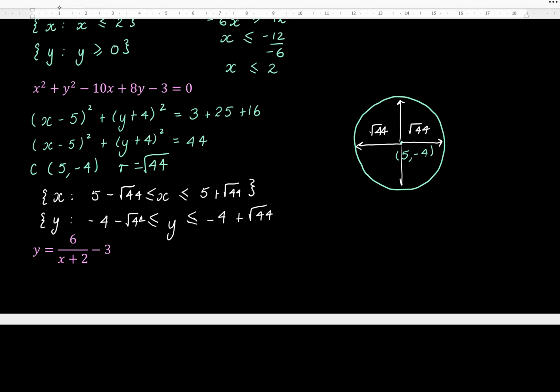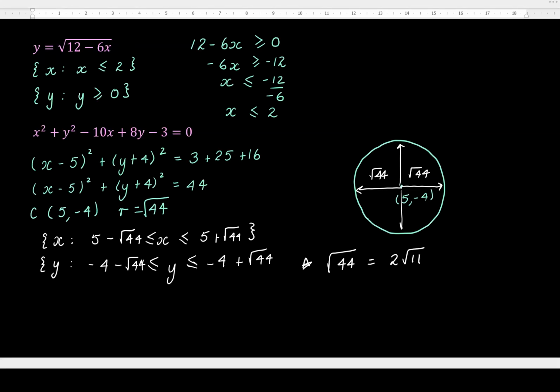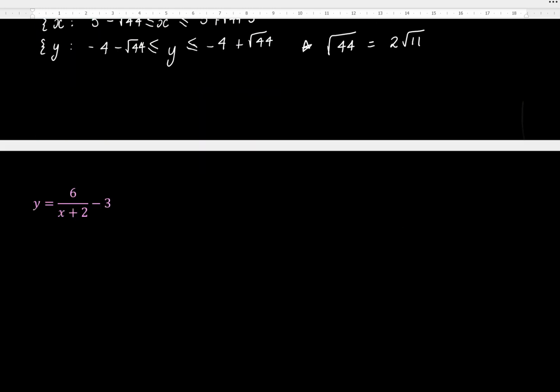I'll put a little note that you should actually simplify that. Always check and simplify. I was naughty and didn't do that. That's going to be 2 root 11. Okay, so hopefully that makes sense. You might be given that as a diagram, but you can see the range is obviously contained between those points. Right, onward.